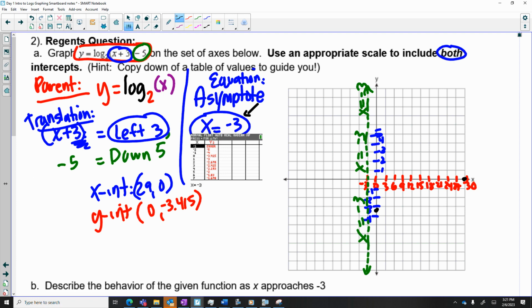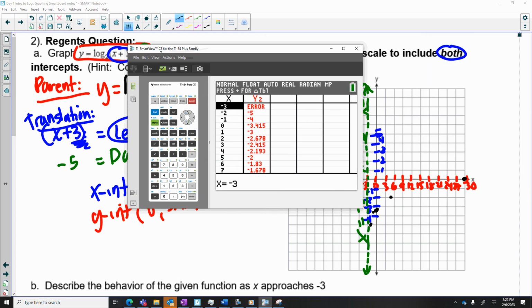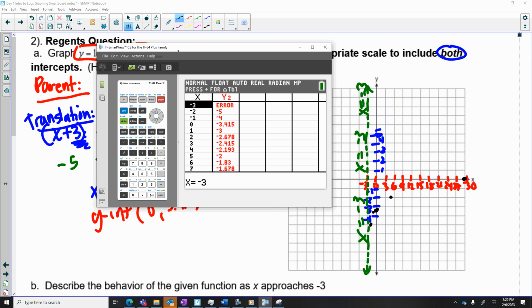So -2, -5-ish, -2, like that, -1, -4, maybe there. Maybe I'll look at 5, -2. And maybe I'll scroll up a little bit on my table here to get a few more nice points.